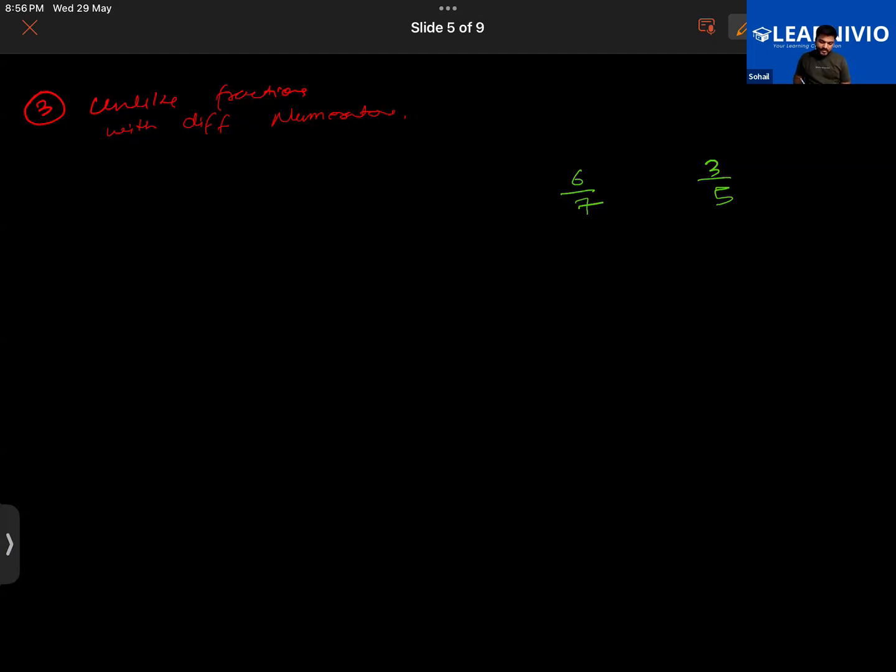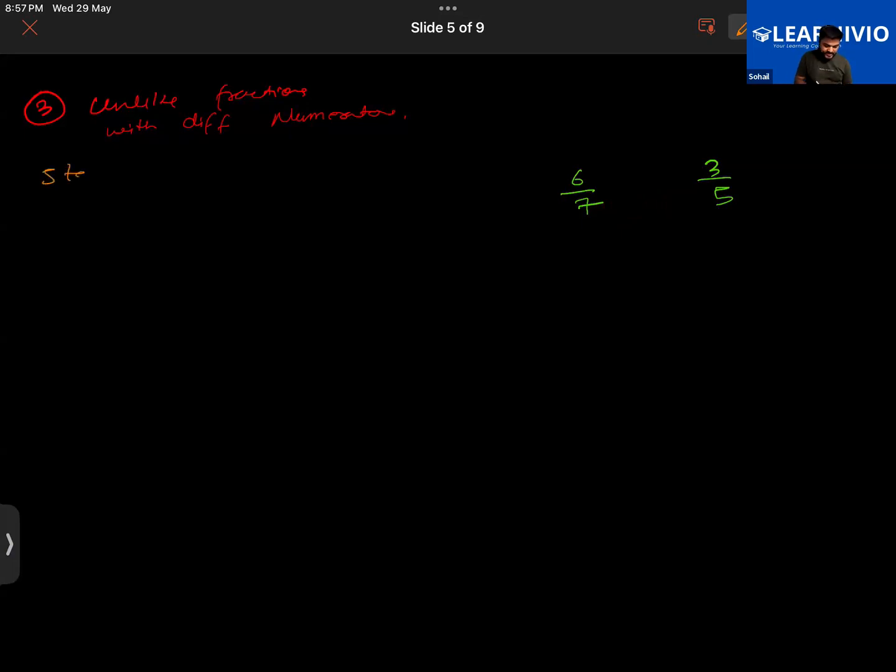So the product of 7 and 5 is going to be here 35. The product of 7 and 5 is 35 now. So we will find the equivalent fraction of both the fractions with the denominator 35.